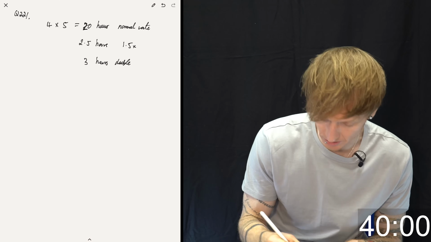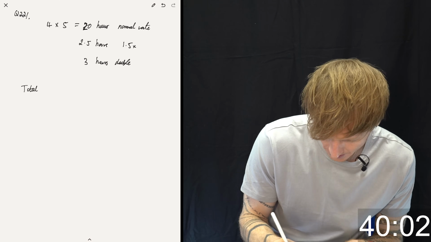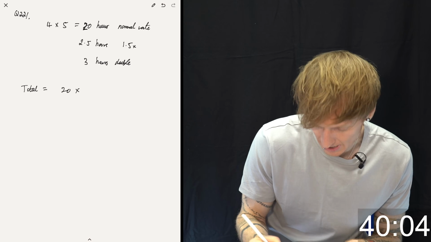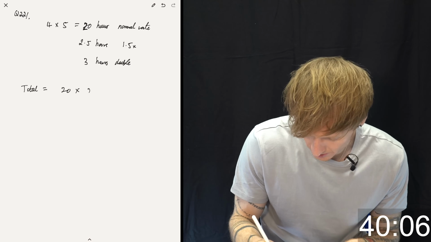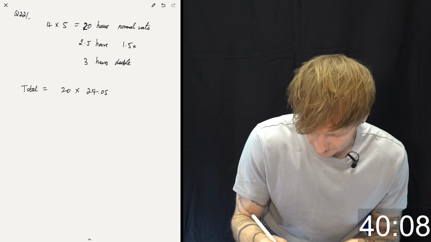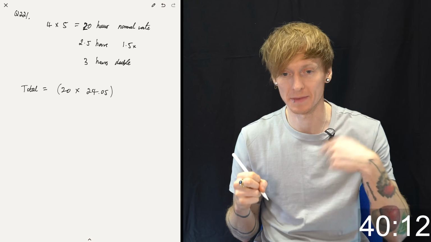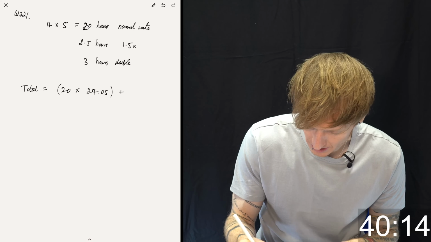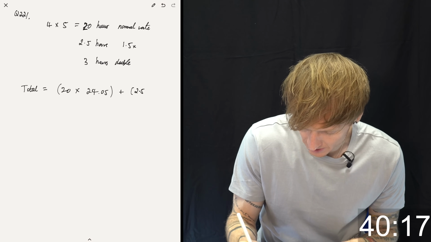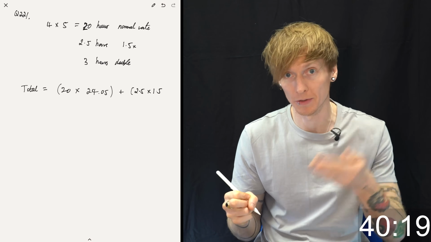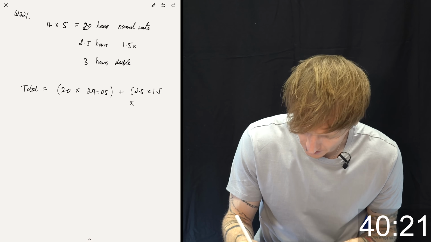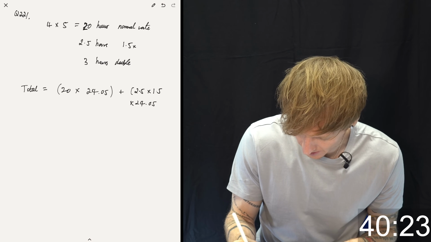So the total then is 20 hours at $24.05, that's from Monday to Friday. Then she gets 1.5 times it, so plus 2.5 hours times the 1.5 multiplier times 24.05.